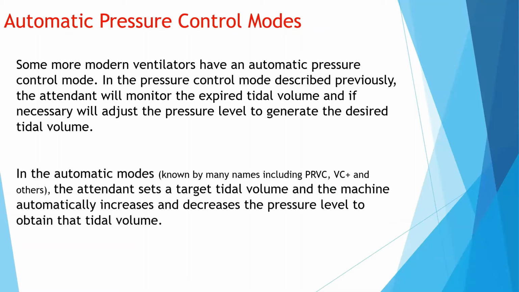In the automatic modes, known by many names, including PRVC, VC+, and others, the attendant sets a target tidal volume, and the machine, the ventilator, automatically increases and decreases the pressure level to obtain that volume.